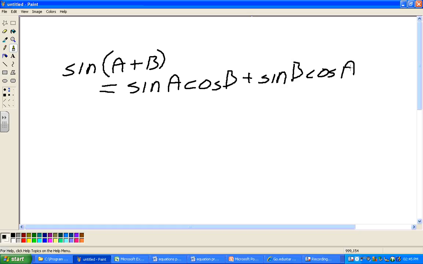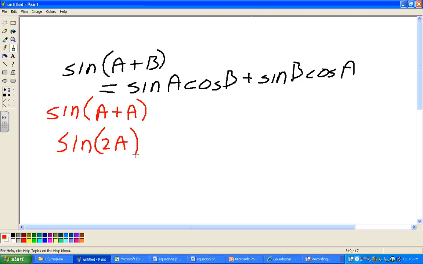So, the ones that we're dealing with today are double angles. And the way that you make a double angle is you just make both letters the same. And then when you add it together, it's a double angle.